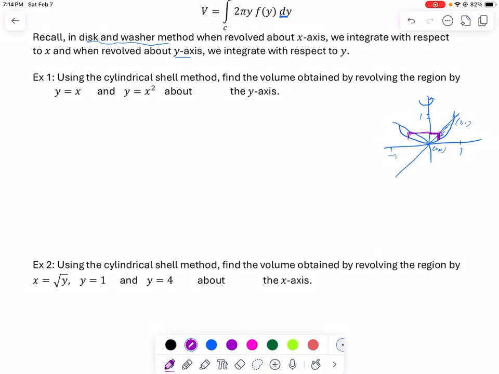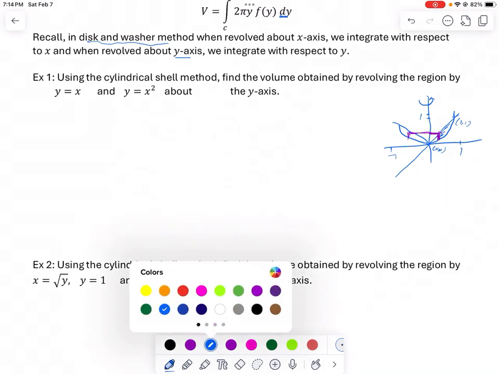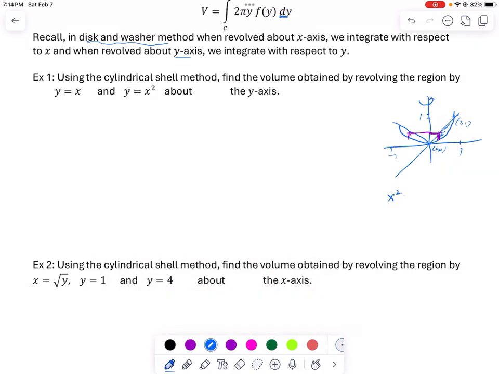So our integral limits will be that we set these two equal to each other, and we have those two. So our V will be equal to the integral from 0 to 1 of 2 pi x, and then times f of x.